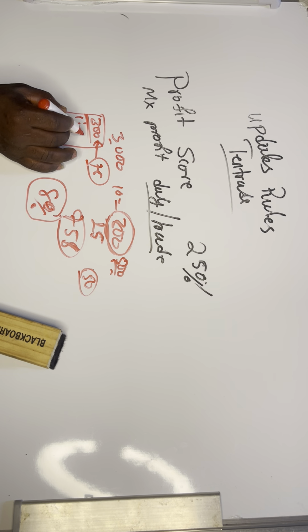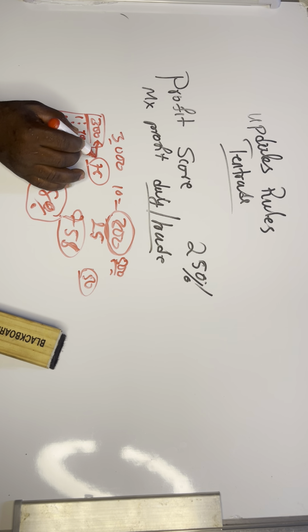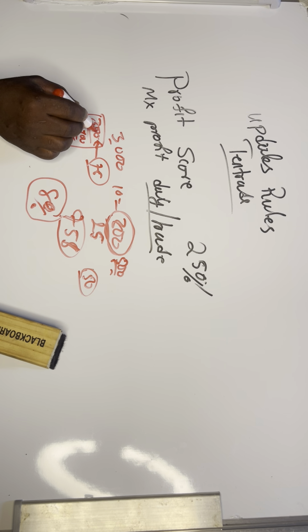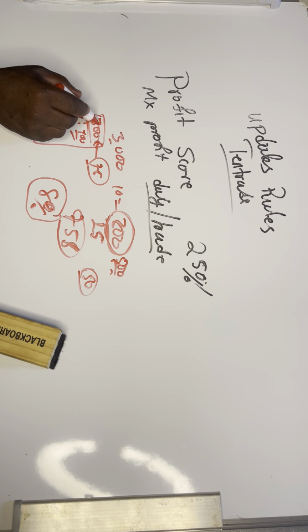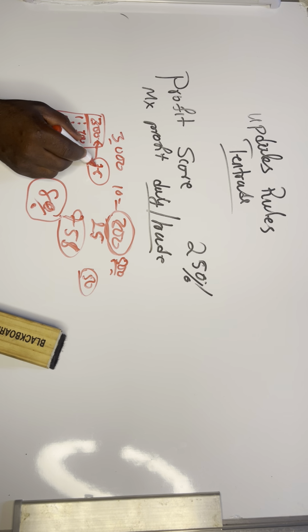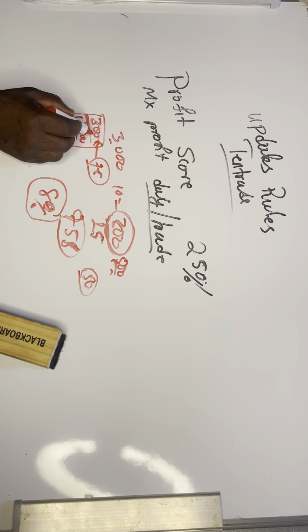But if unfortunately you have a day that you made $100, which is more than the 25% profit score of this amount, what you are going to do is that you are still going to trade again. You still trade again to increase your profit so that it will increase your profit score. Now you can still trade again, and you maybe make, let's say, $400, or you add another profit to this 300 to be $400.